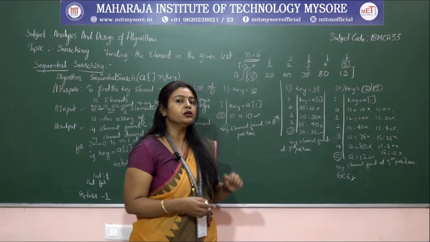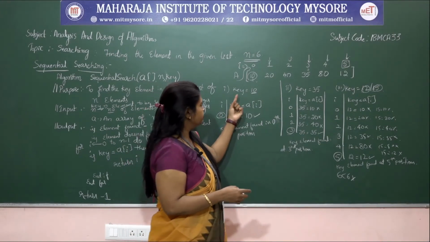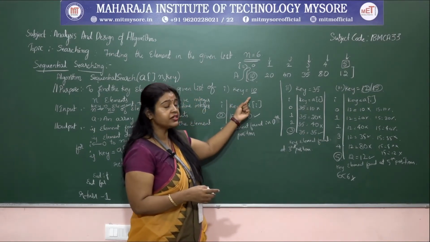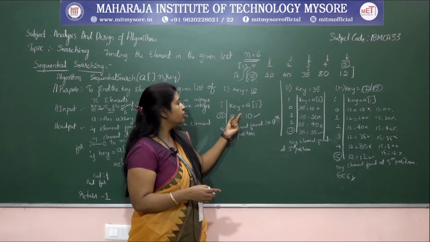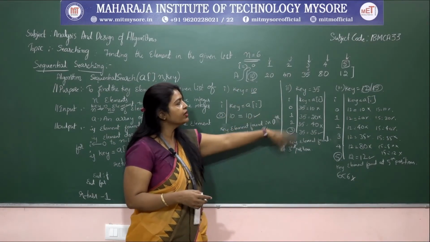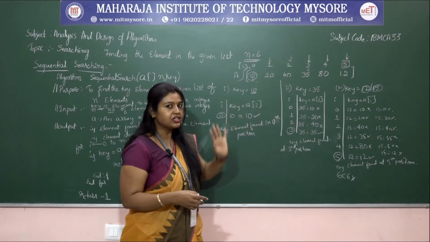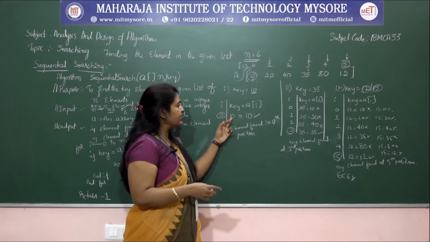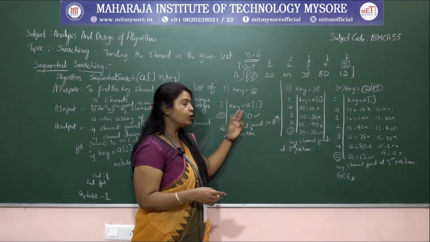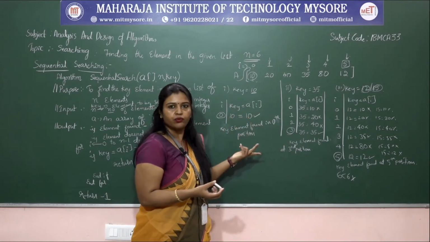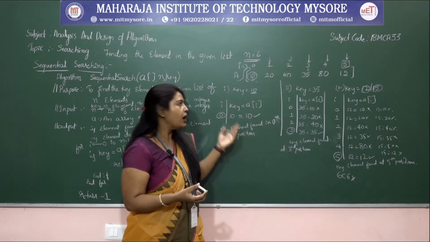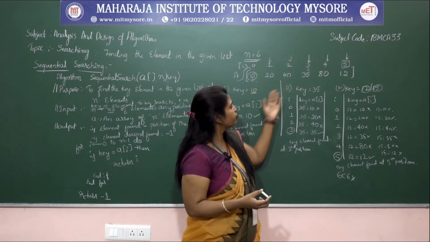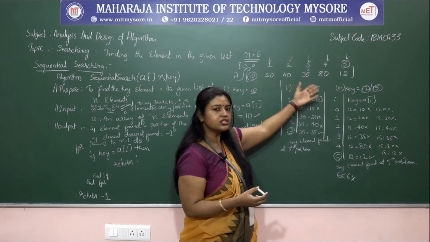But observe carefully, when the key element is 10, what is the operation we are performing every time? Comparison operation we are performing. Now key is equal to A of I, so 10 is equal to 10, we found the element. So are we continuing the matching process here?